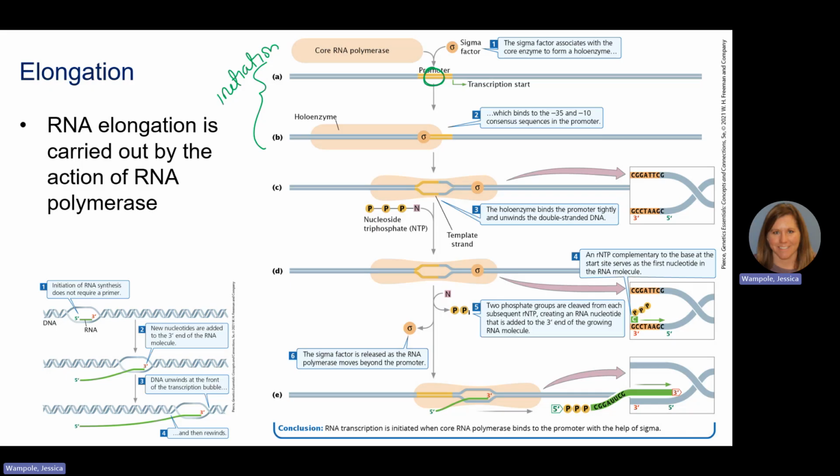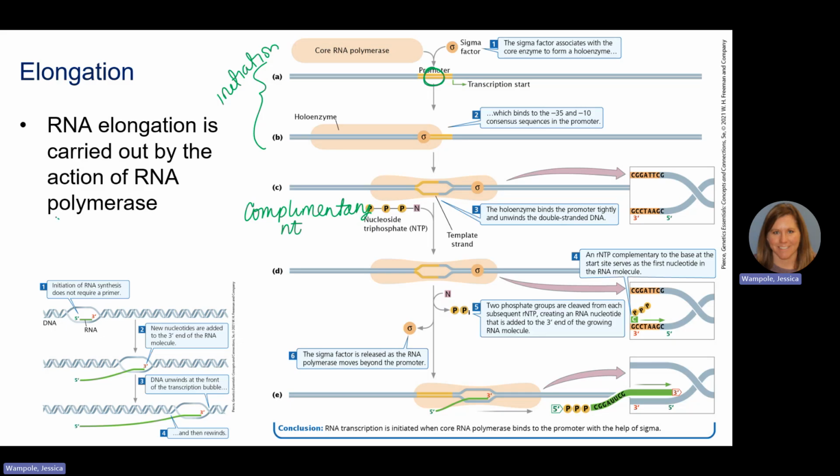Once everything is bound, we've got our sigma factor, our RNA polymerase, and our nucleotides, then RNA polymerase can start doing its job, which is to add in the complementary base pairs. We are going to add in our complementary nucleotides based on the same base pairing rules as DNA.